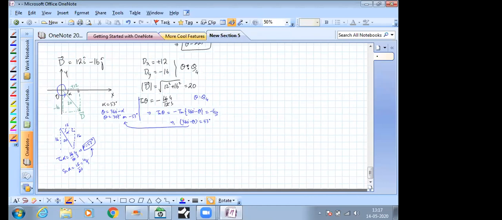So there will be no problem with the algebraic signs of the components. Okay, people, so hope this is clear.